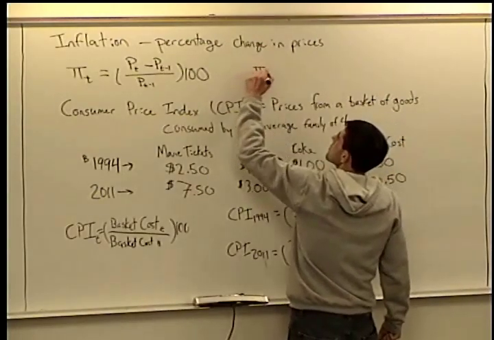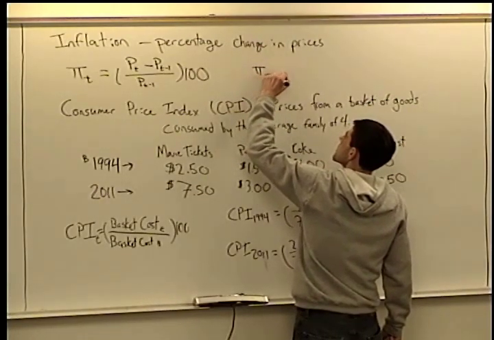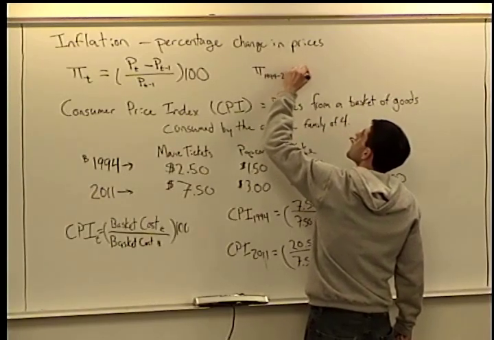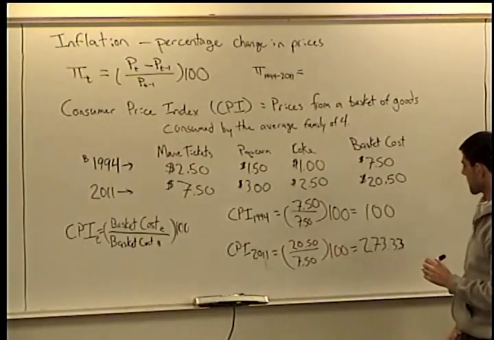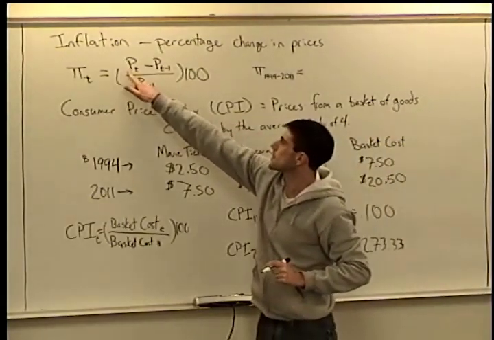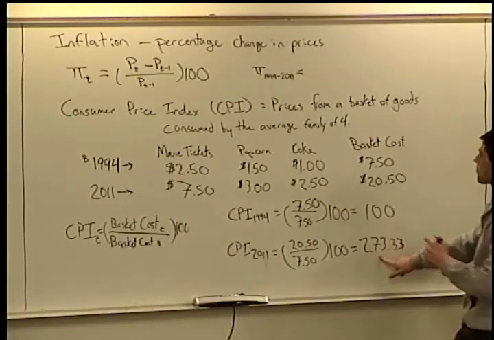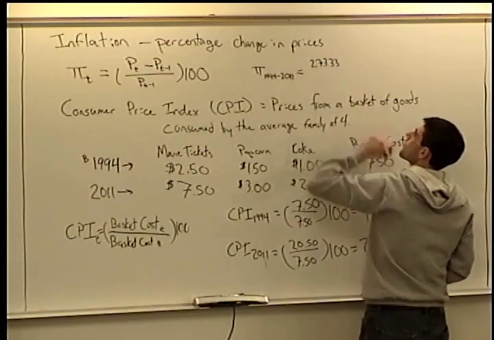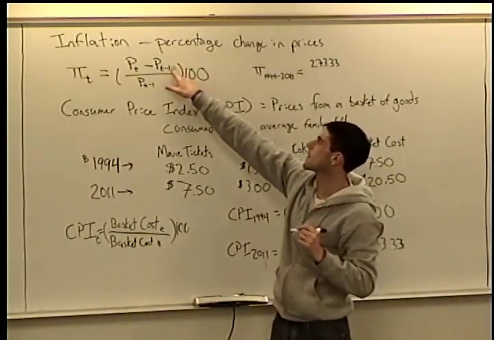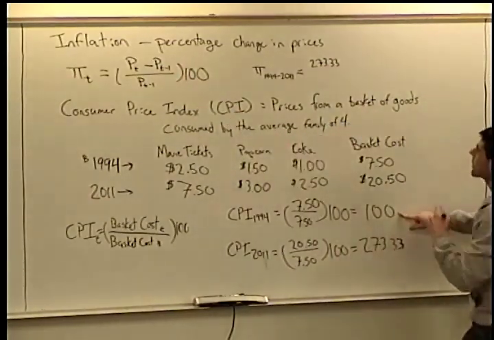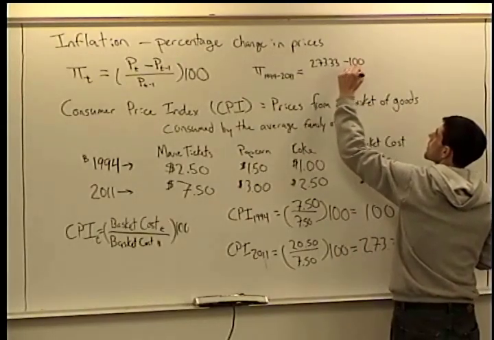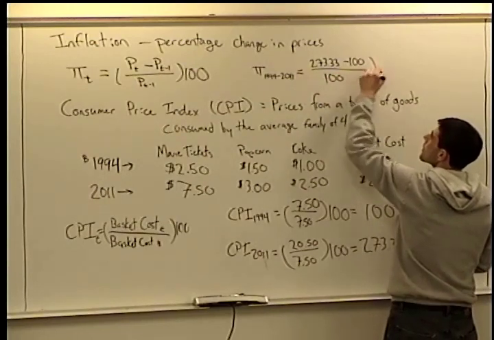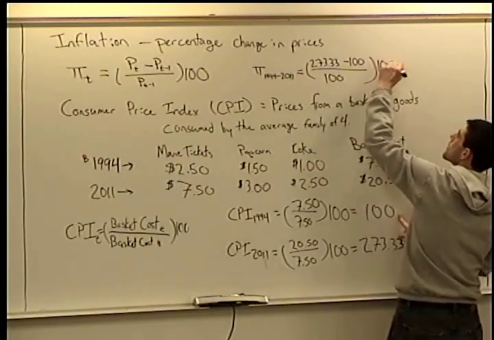So inflation between 1994 to 2011 is equal to the most current price, 273.33, minus the CPI in the past, 100, divided by the CPI in the past, 100, and then we multiply it by 100.